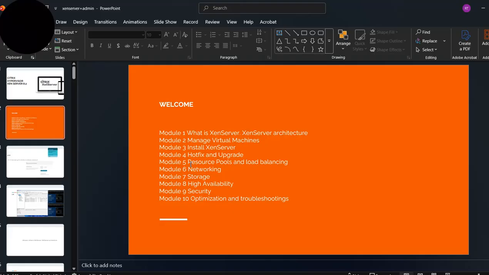Module 5 is resource pooling and load balancing of XenServer VMs. Module 6 is networking. Module 7 is storage. Module 8 is high availability. Besides high availability, we will discuss Aberrant virtualization. Module 9 is security, and module 10 is optimization and troubleshooting.